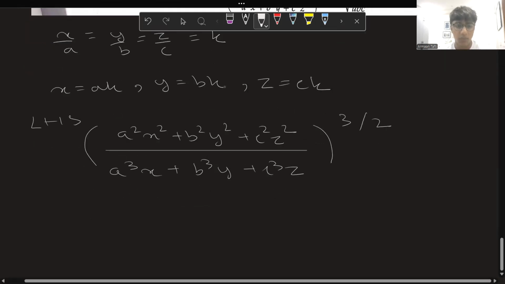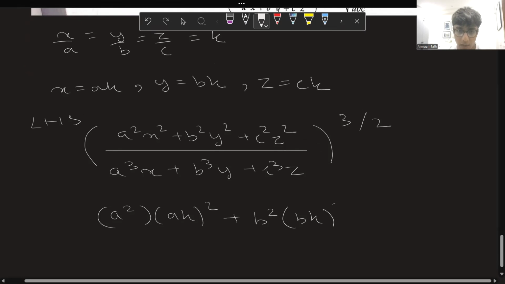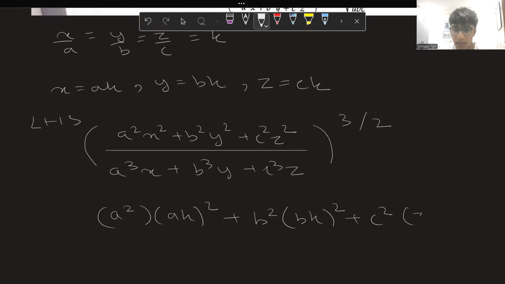Again, what have we written x as? We've written it as ak. So a square times ak whole square. B is written as, what have we written y as? We've written y as bk. So it's b square times bk whole square, plus c square times, what have we written z as, ck, so ck whole square.